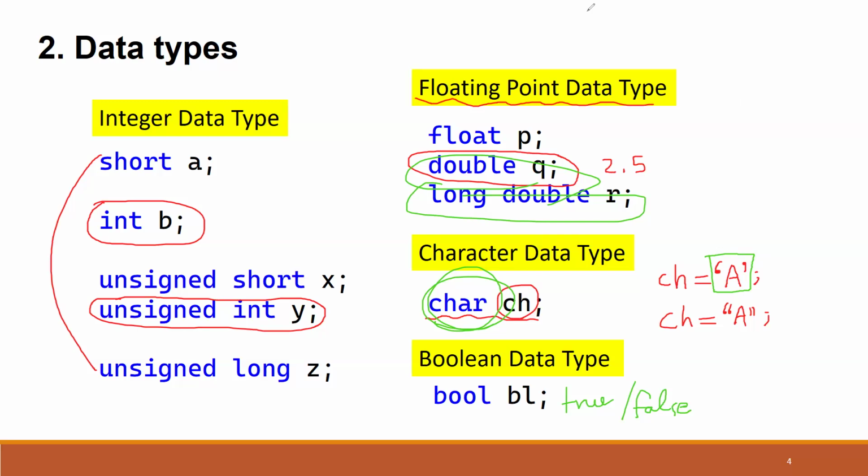Actually, the smallest is bool or char, the same. They are both 1 byte. But when we say smallest or largest, we usually mean numbers, and Boolean is not a number.